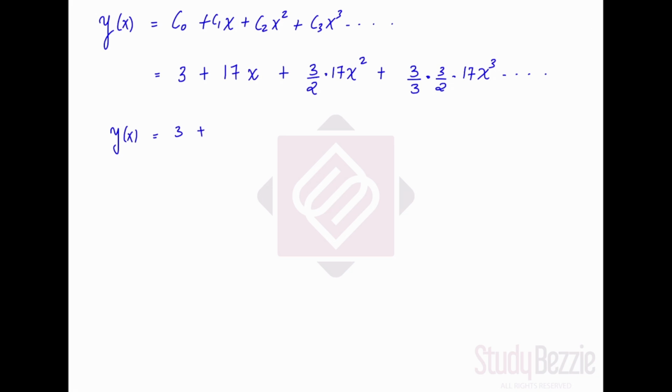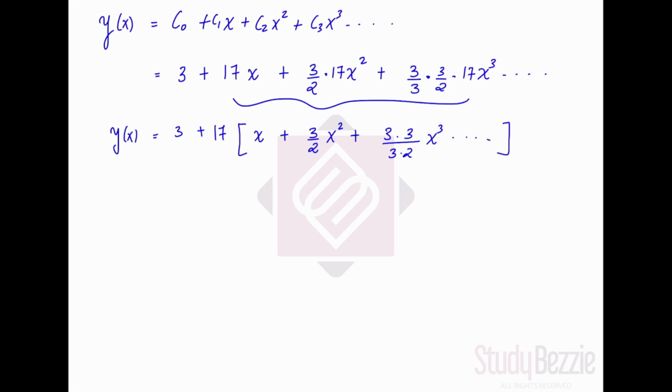And out of this remainder, I'm going to factor out a 17. Once you factor out a 17, you'll be left with x, and then 3 over 2 x squared, and then a 3 over 3 times 3 over 2 x cubed, and so on. That's what we're left with.